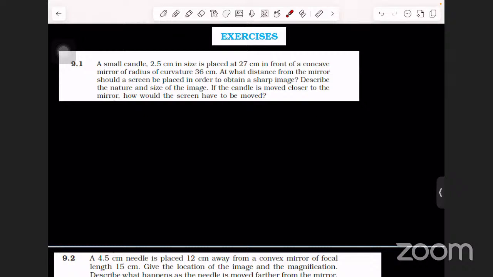Before starting, just a brief introduction about myself. I'm Saswat Mishra. I am currently a third year MBBS student at the All India Institute of Medical Sciences in Raipur, Chhattisgarh.